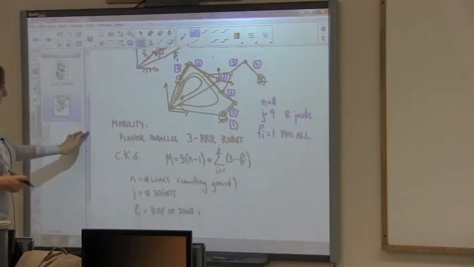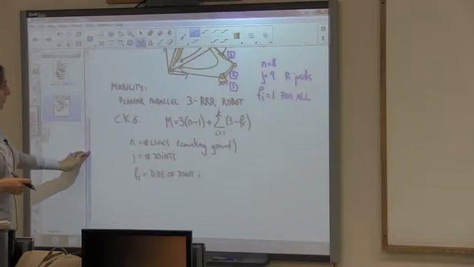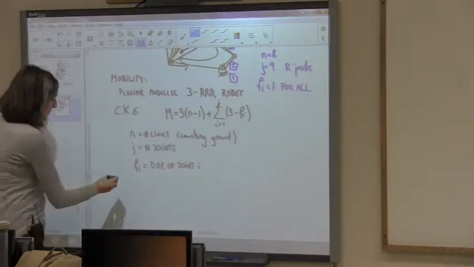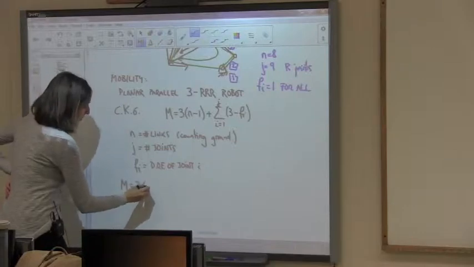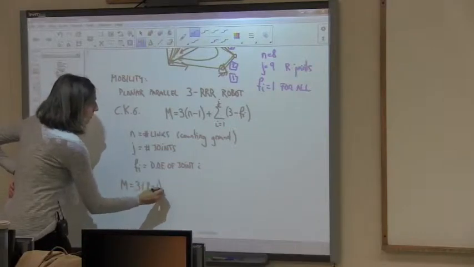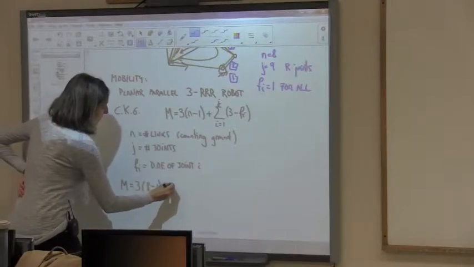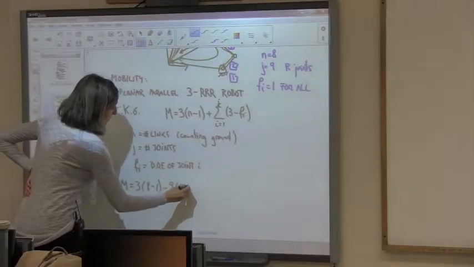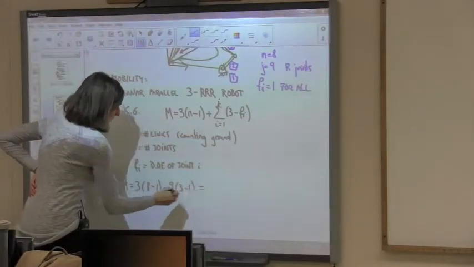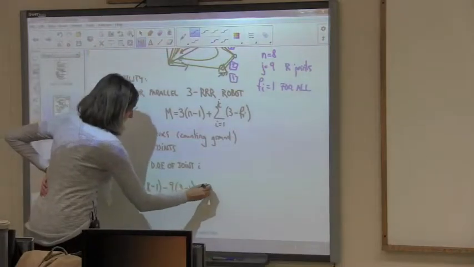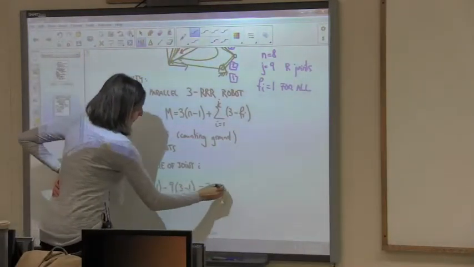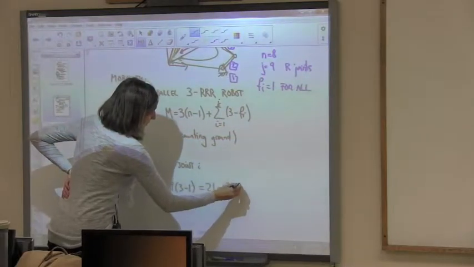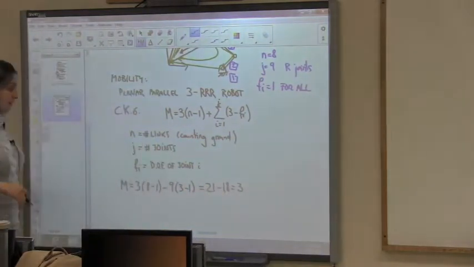So let's see what we get, and see if this one is going to move or not. 3 times 8 minus 1, plus 9 times 3 minus 1. That is 21 minus 18, which is 3.